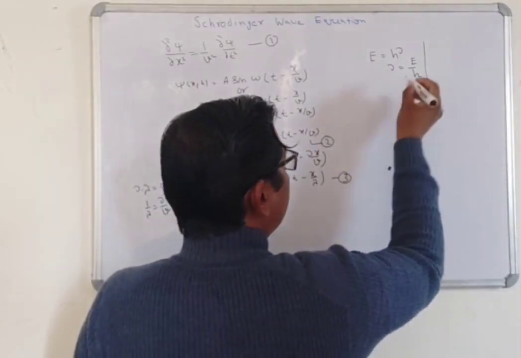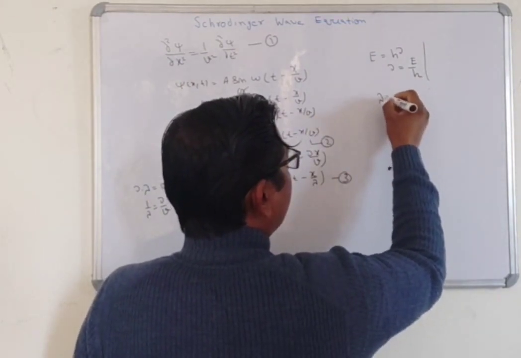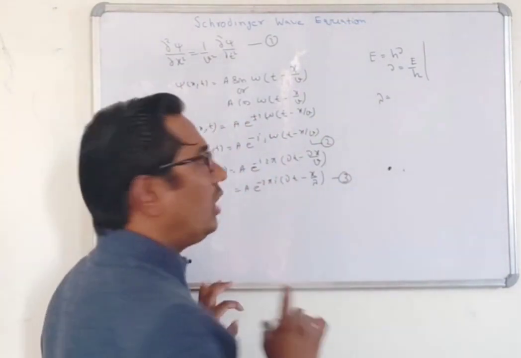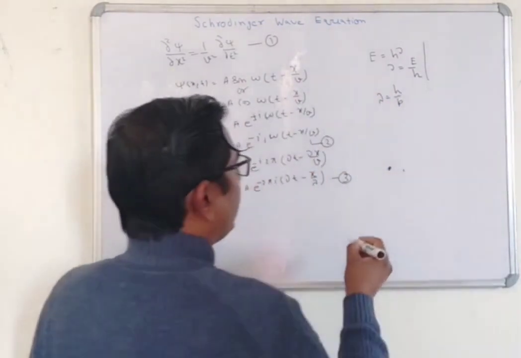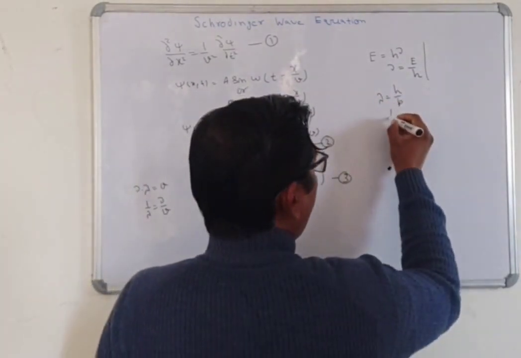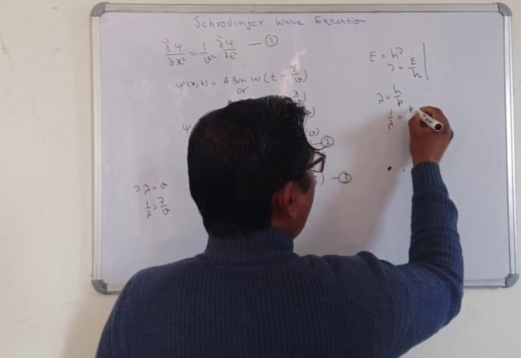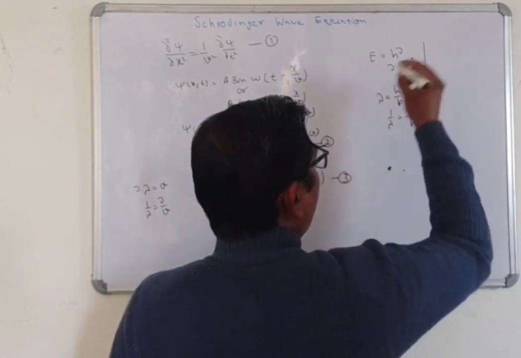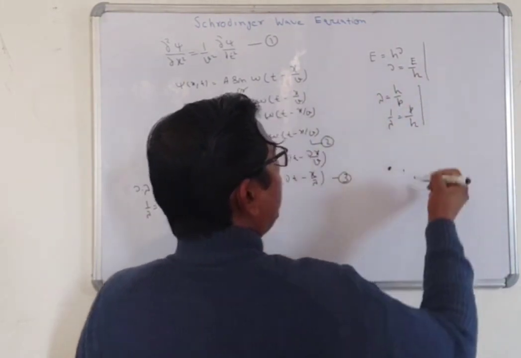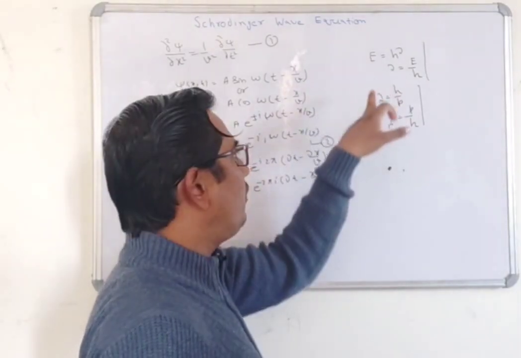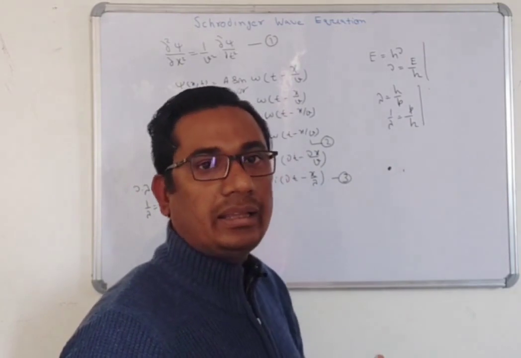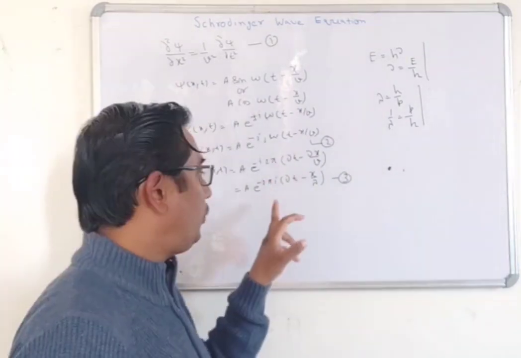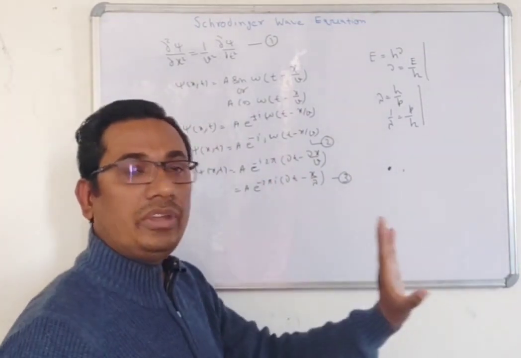The wavelength is represented by the de Broglie wavelength, h upon p, so 1 upon lambda is p upon h. Now these are the energy and wavelength associated with a particle. Here this wave function is only for a wave.